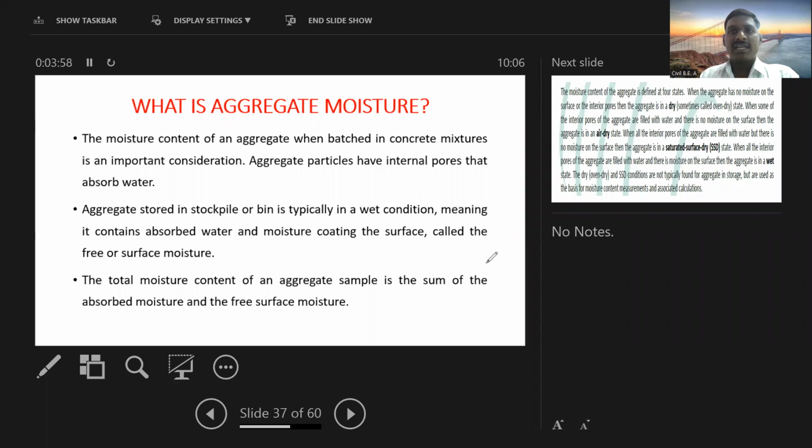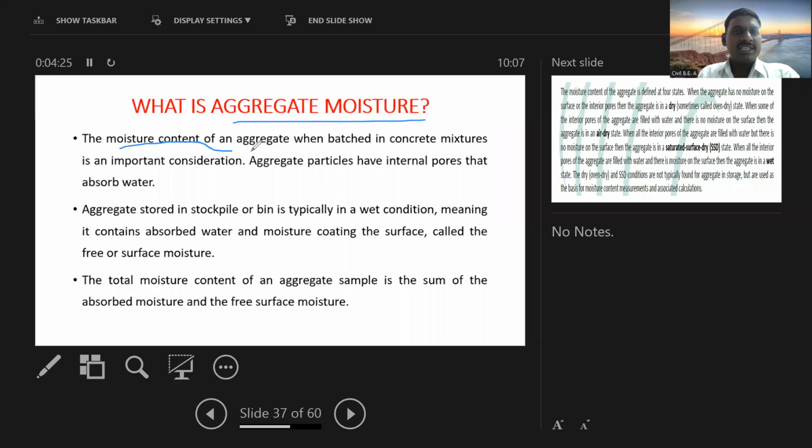The aggregates are the coarser content which we use in the concrete mix to get the strength of the concrete. While making concrete, when aggregates are used, some percentage of moisture is present in the aggregate.